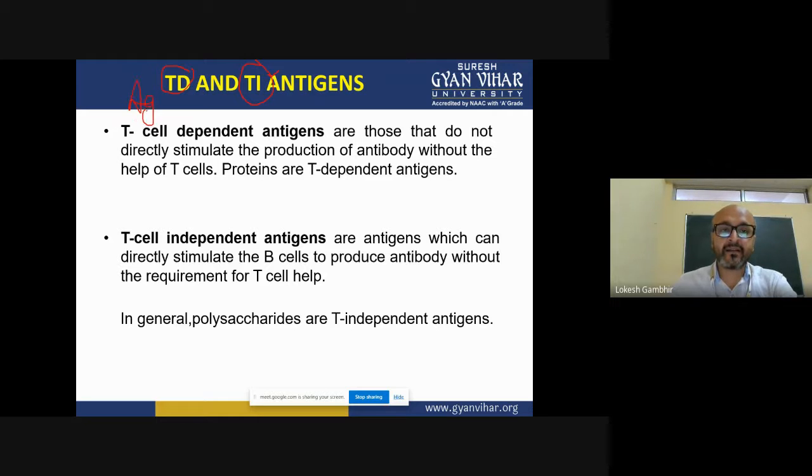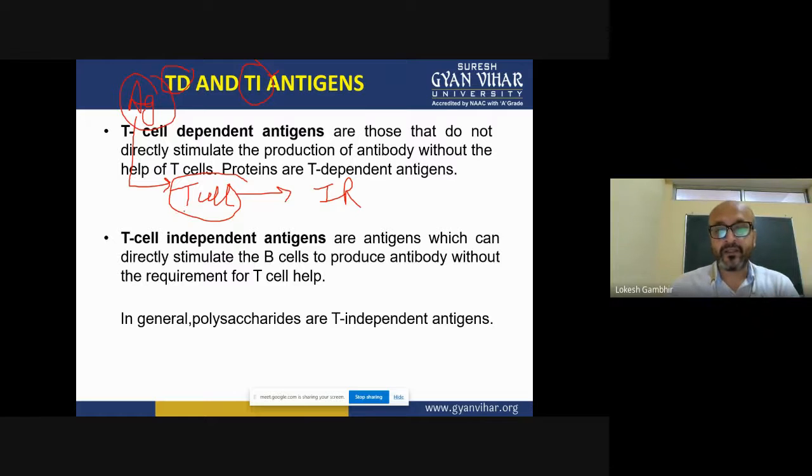Antigens that require the help of T cells to produce an immune response. Or I should rephrase: when our body requires the help of T cells to mount an immune response against the antigen, we call those antigens T cell dependent.